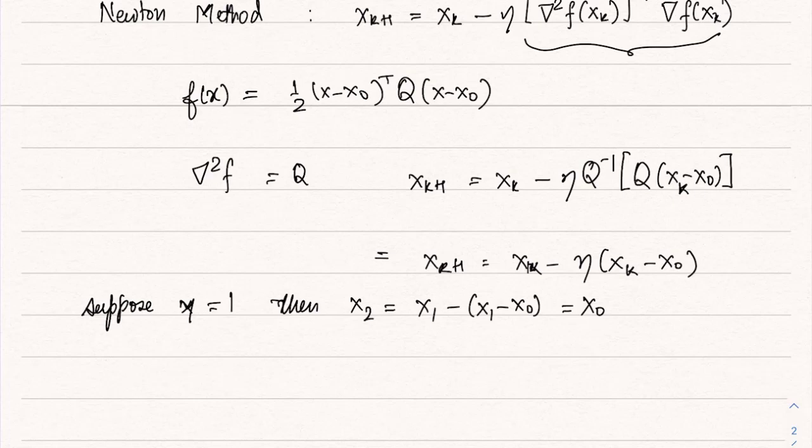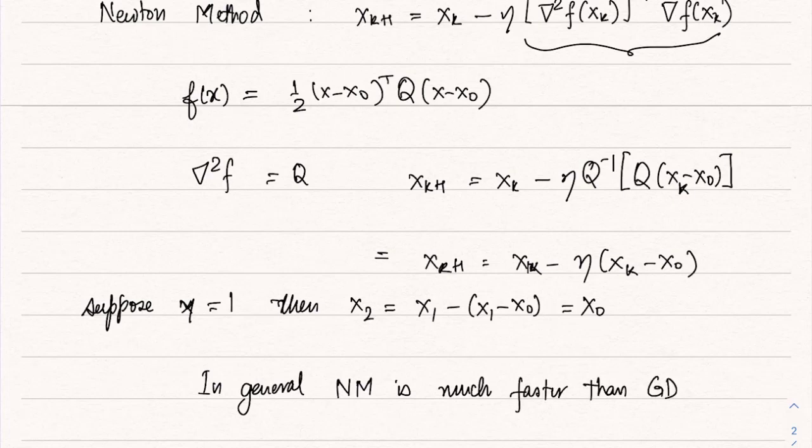It is generally applicable to all sorts of cases where it is able to take care of the second order information in the function. So in general, we can say that Newton method is much faster than gradient descent, right?